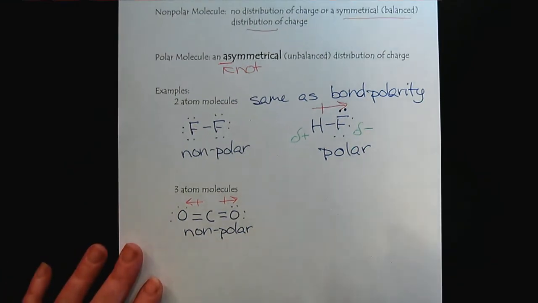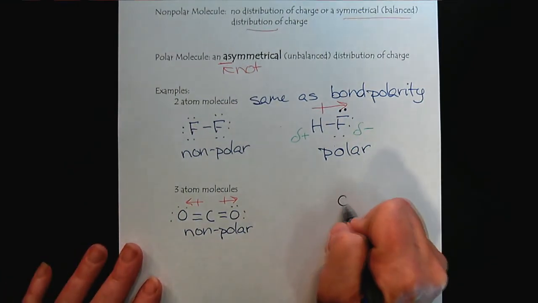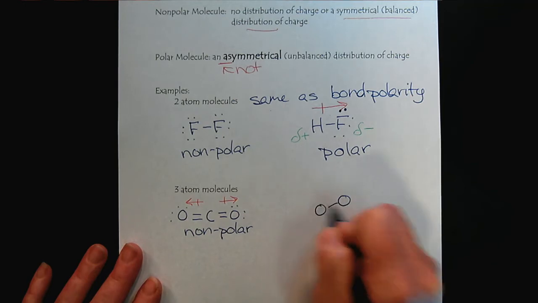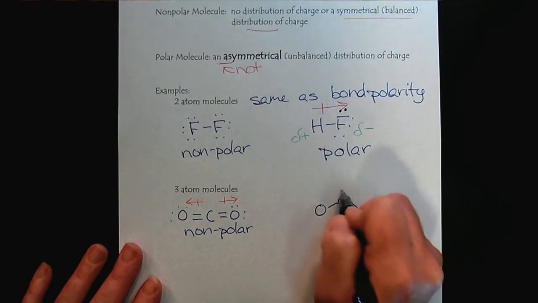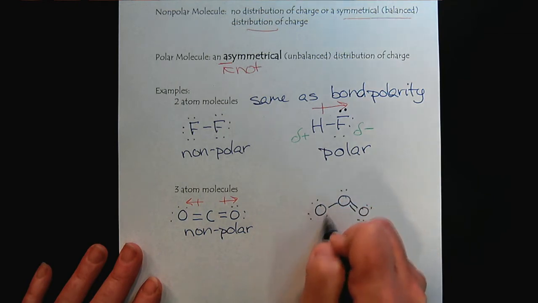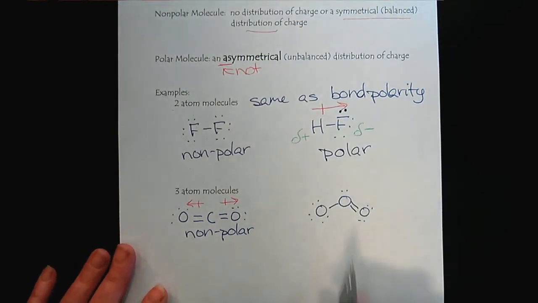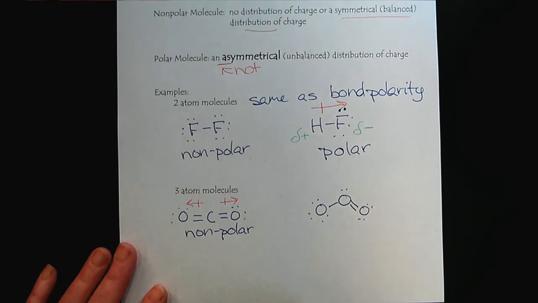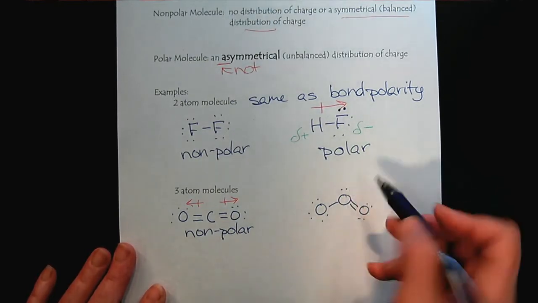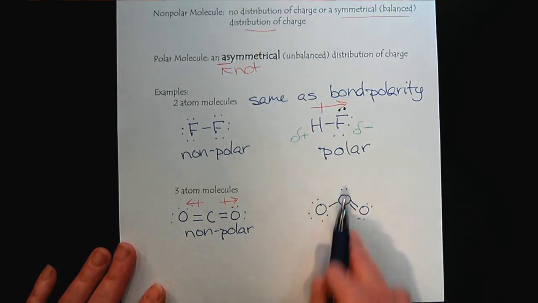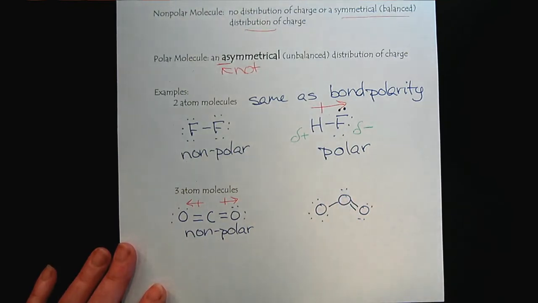But we could have, let's look at ozone, right? When we do ozone, we now have a bent molecule. And so anytime, it's pretty simple. Anytime our central atom has a lone pair, we know it's going to be polar.